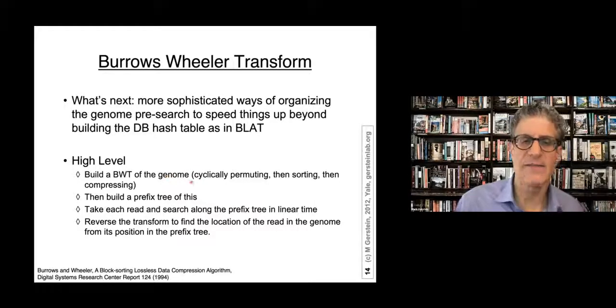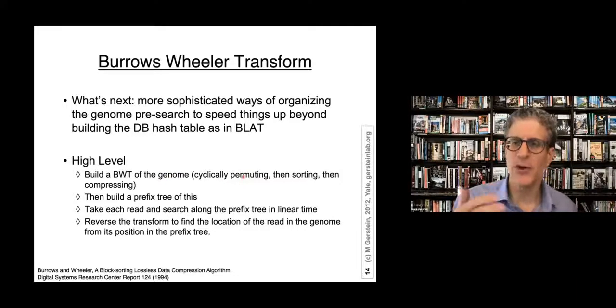It has to do with cyclically permuting all the little k-mers and then sorting and compressing them. And then once you build this somewhat complicated data structure, you can take each read that you want to match and look through what's called a prefix tree or something like that, in very fast linear time. That's the basic idea.